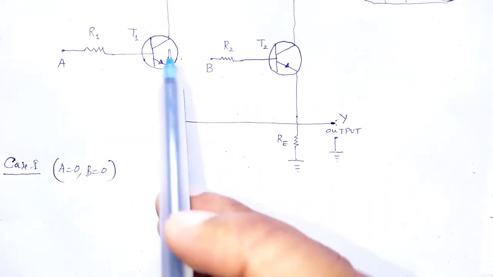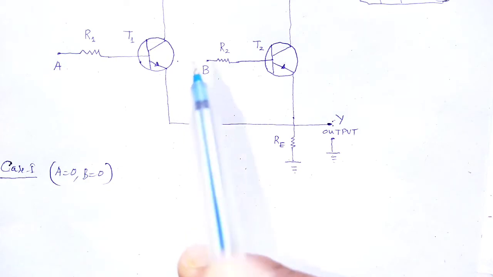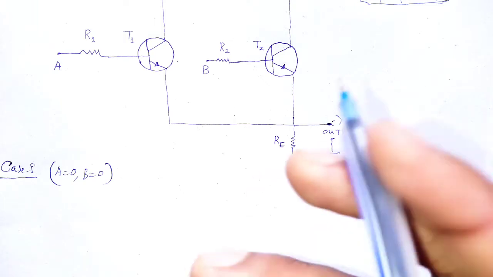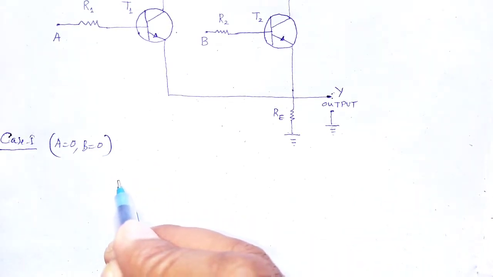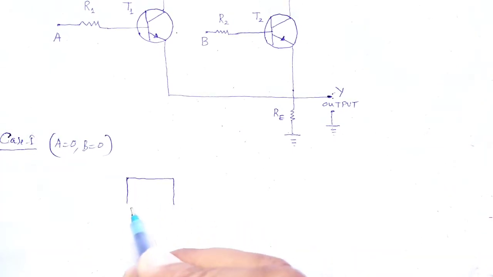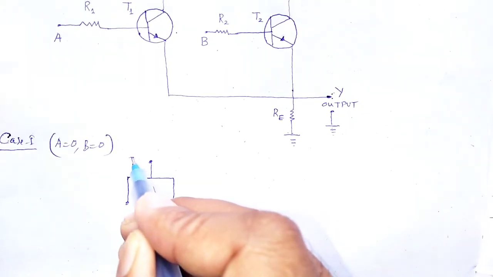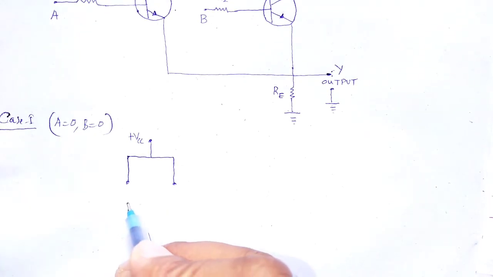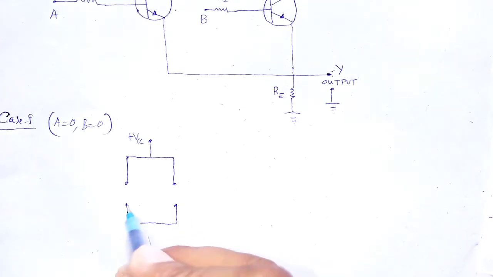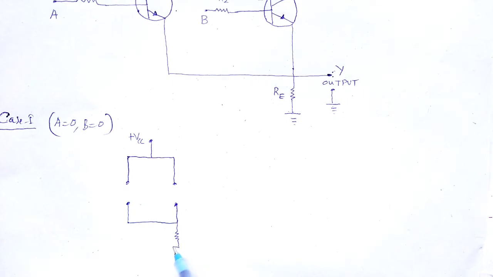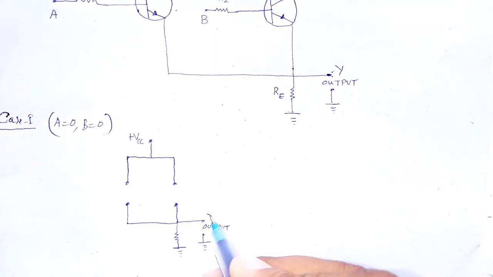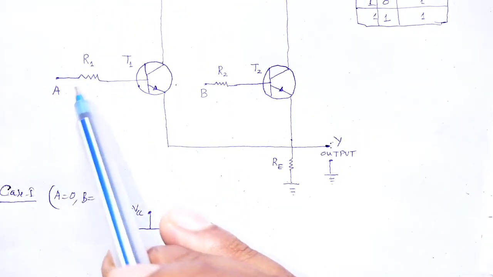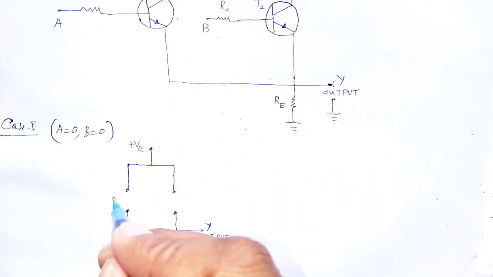Therefore, these two transistors just act like open switches. So for case number 1, it is just like this: plus VCC, that is the output Y, and these two transistors, when the input A is equal to 0 and B is equal to 0, act like a switch, that is, an open switch.